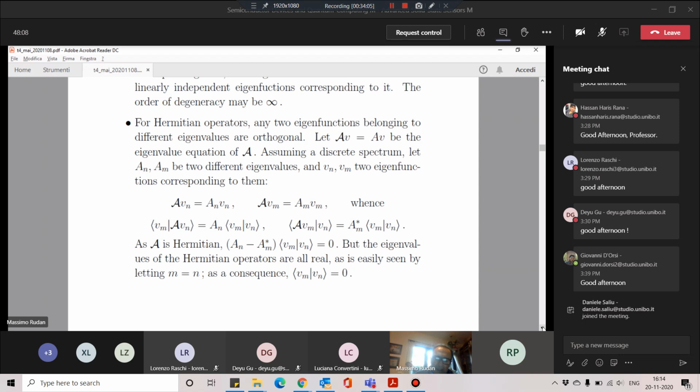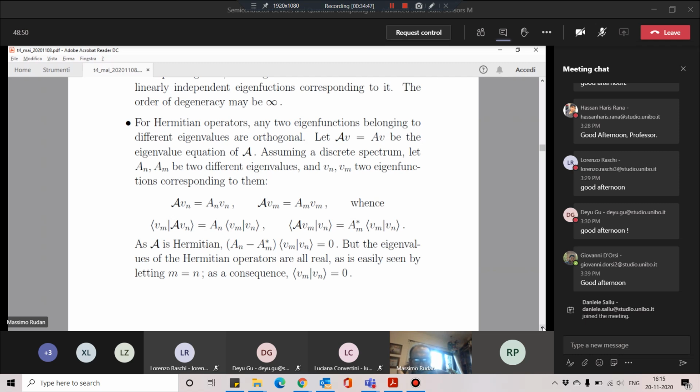But if they are real, Am star is equal to Am. So actually, in the parentheses, we have the difference An minus Am. But we assumed at the very beginning that the two eigenvalues are different. So the parenthesis An minus Am is non-zero. So the only possibility left is that the scalar product Vm times Vn is zero itself.